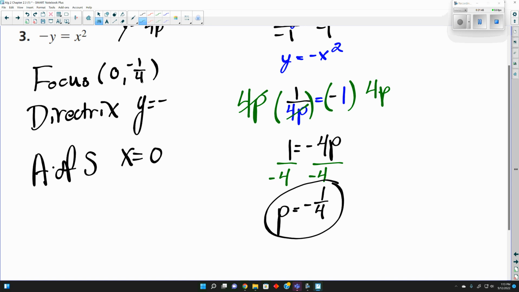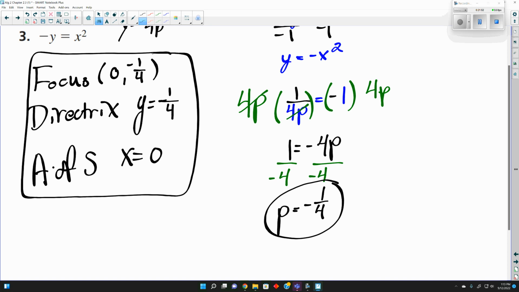And the directrix would be -(-1/4), which actually just simplifies to +1/4. And that's it. Any questions on this here?